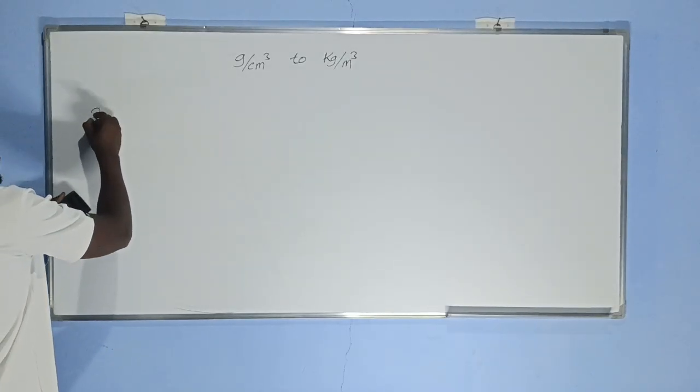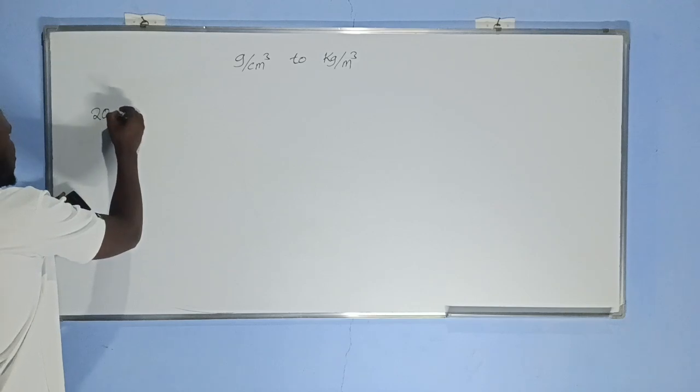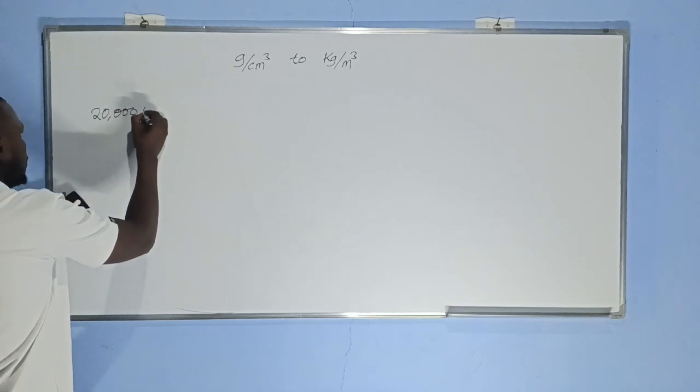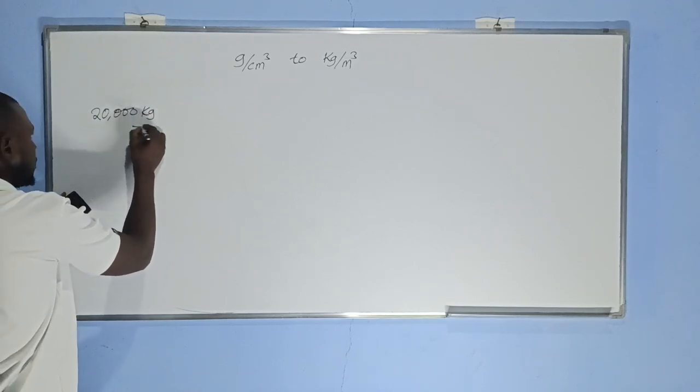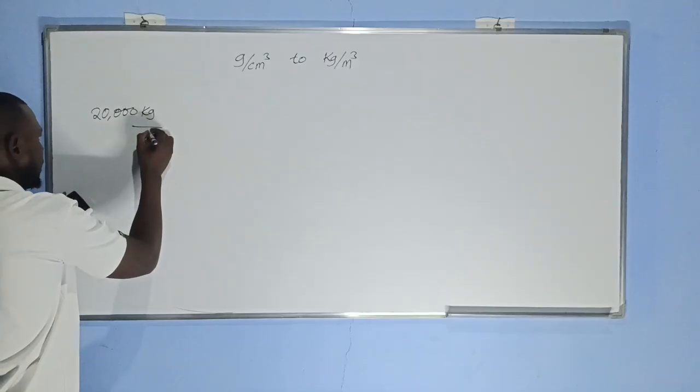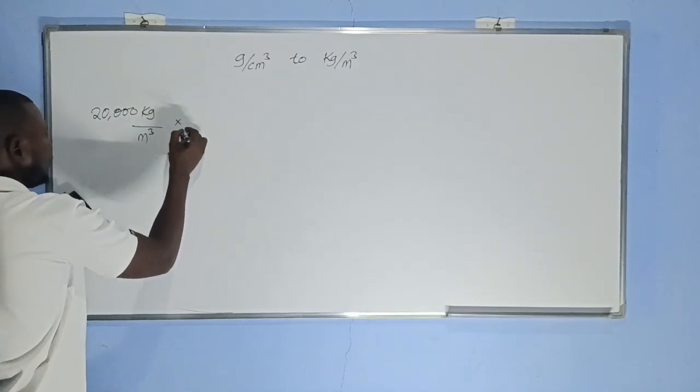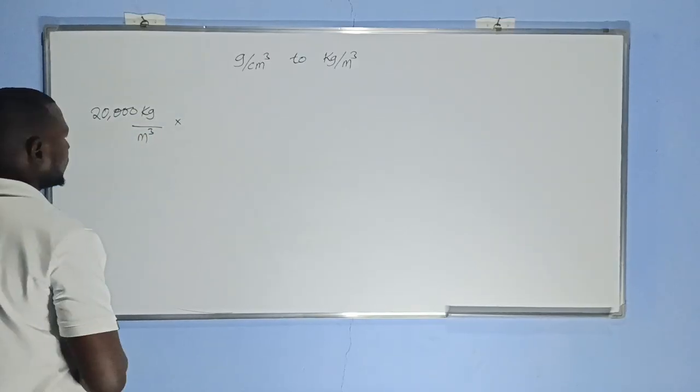So what we have is 20,000 kgs per cubic meter now. We need to convert it to grams per cubic centimeter.